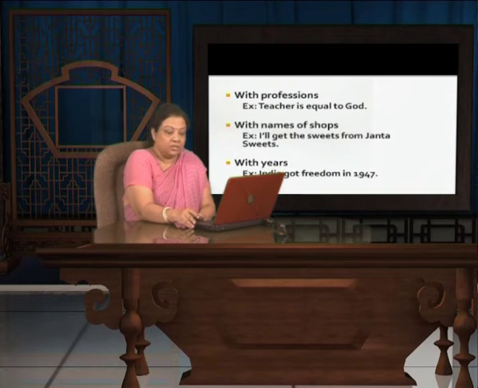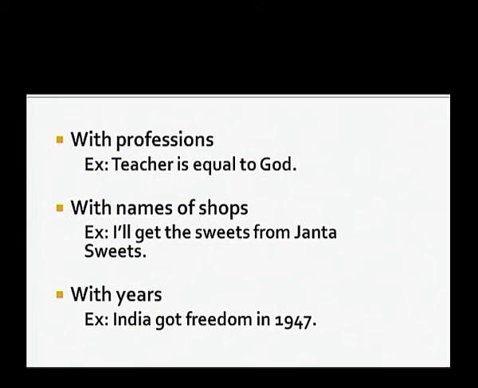With professions, teacher is equal to God. We make a lot of mistakes here. We normally say the teacher is equal to God or a teacher is equal to God. This is absolutely wrong. This is a very common mistake we commit a lot of times. So, keep in mind that we don't use articles before professions.